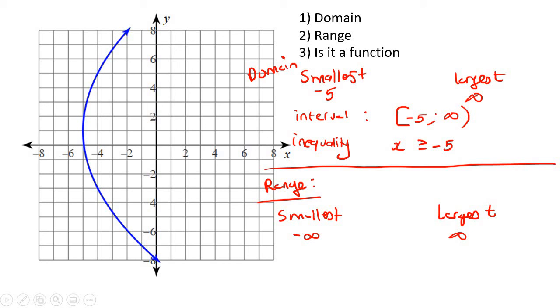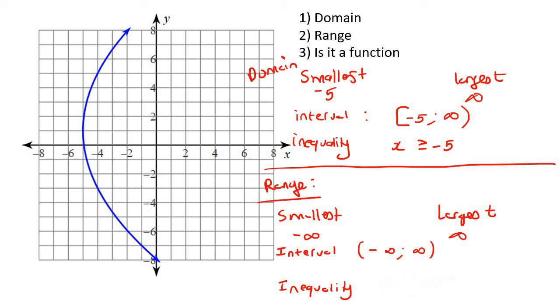So when you get infinity and infinity like this, then you've got multiple ways of writing it. So for interval, and then for inequality. Okay, so for interval, you could just say from minus infinity using a round bracket to positive infinity using a round bracket. For inequality, you actually don't do this. You don't say y is bigger than minus infinity and smaller than infinity.